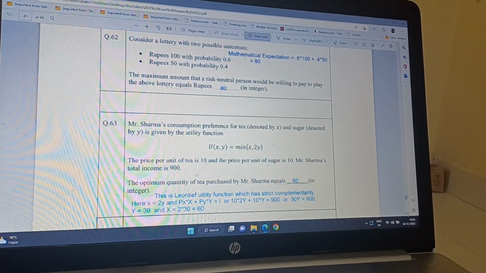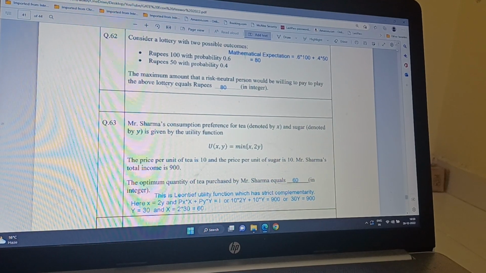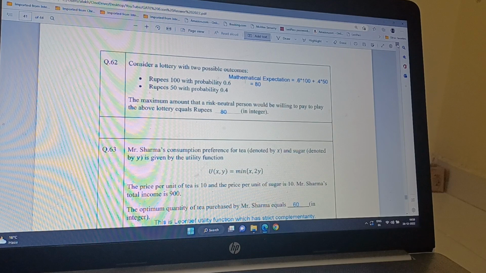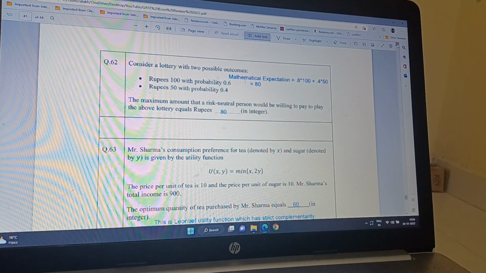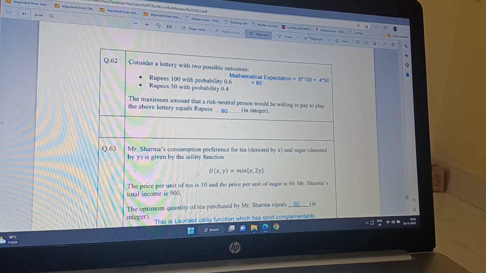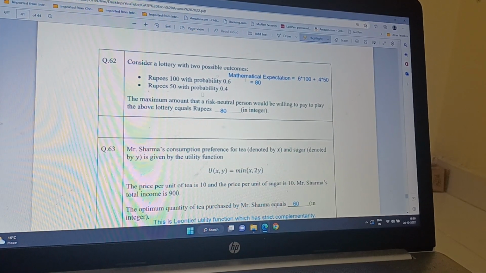Now we should go to question number 62, and this question is: consider a lottery with two possible outcomes, rupees 100 with probability 0.6 and rupees 50 with probability 0.4. The maximum amount that a risk neutral person, and here it is a risk neutral person, means he will pay the fair price.